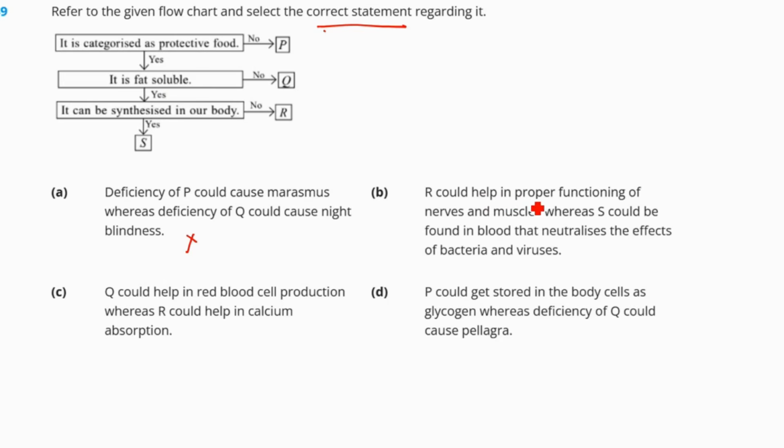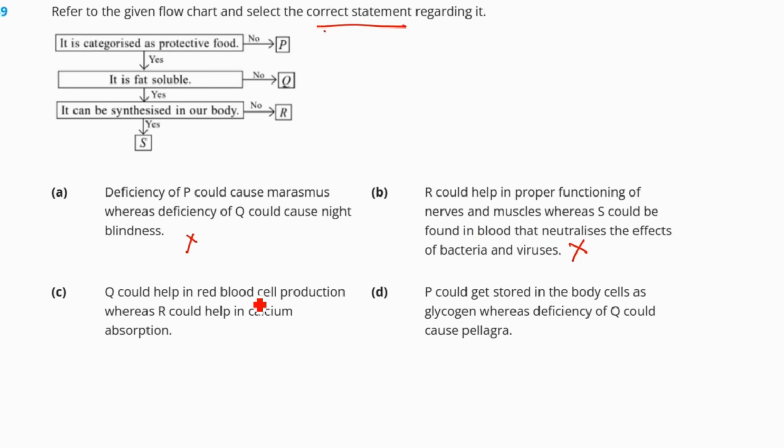R could help in proper functioning of nerves and muscles. Whereas S could be found in blood that neutralizes the effect of bacteria and viruses. No, this is also wrong. S is a vitamin. So vitamins do not have any neutralization property for bacteria and viruses. Okay.